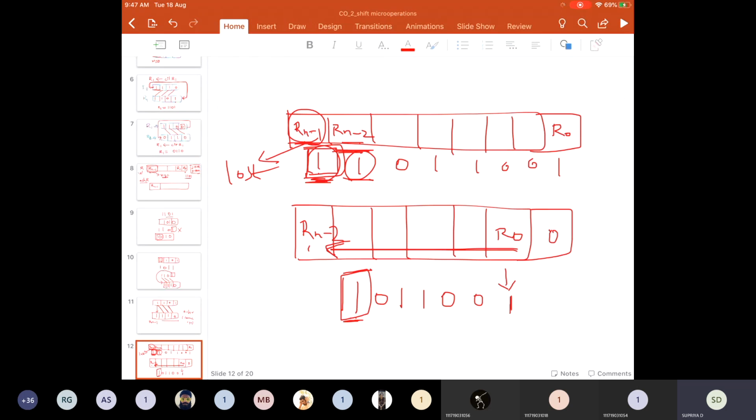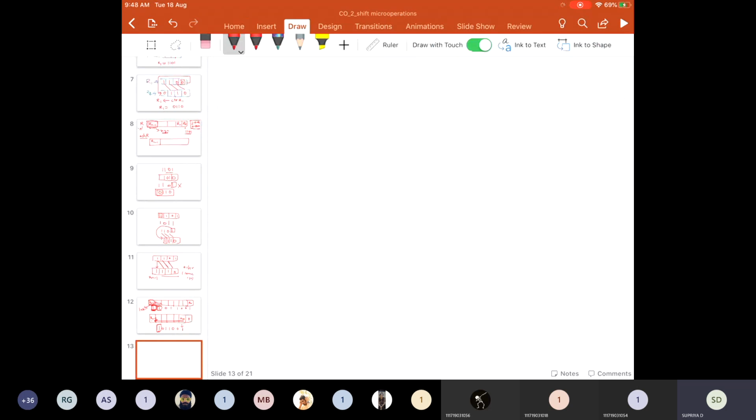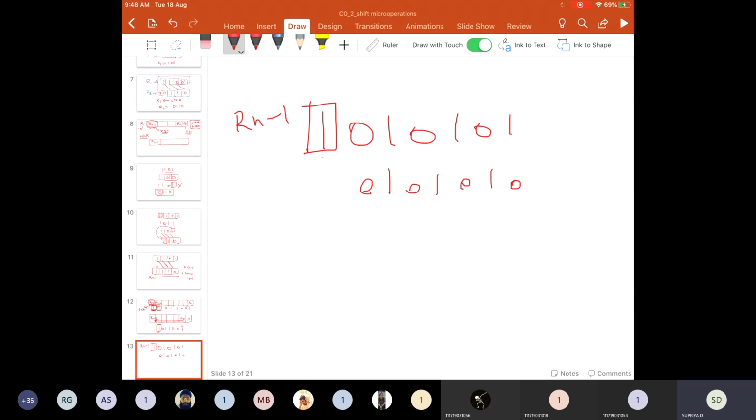But what if the given number is 1 0 1 0 1 0 1? Let us consider this is the given number. So the result will be 0 1 0 1 0 1 0, and this bit will be discarded. This is the R minus 1 bit. It will be discarded after the arithmetic shift left operation.